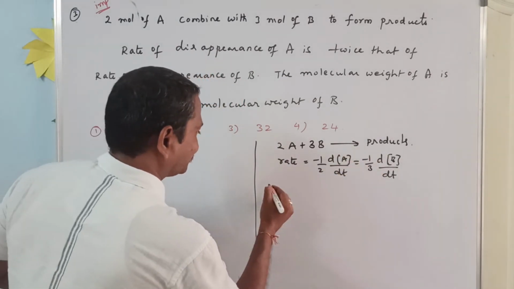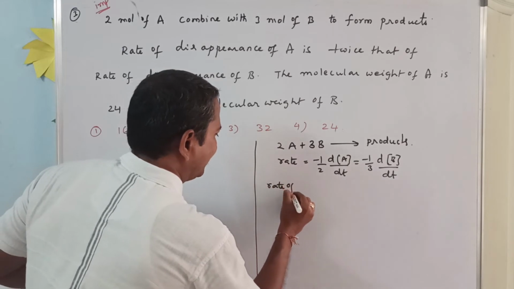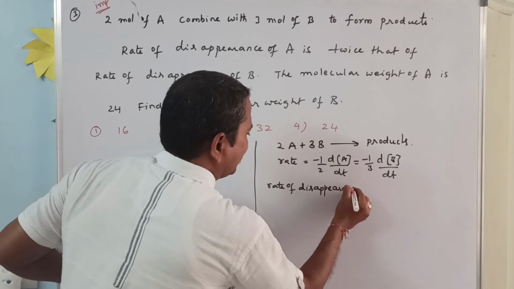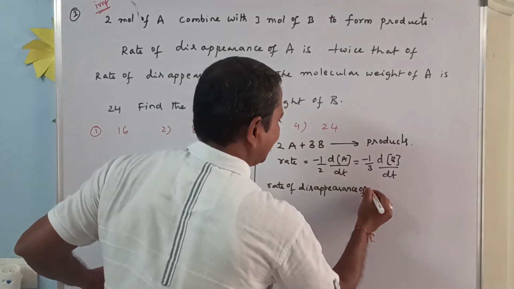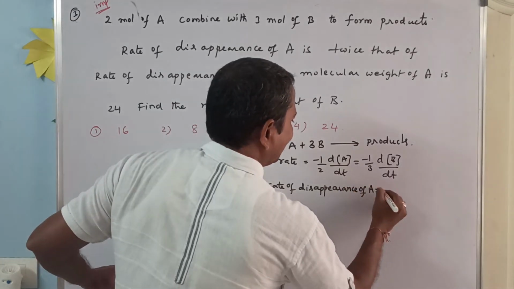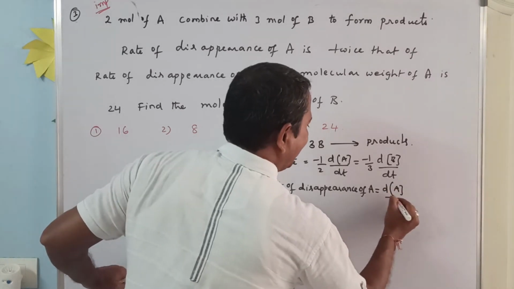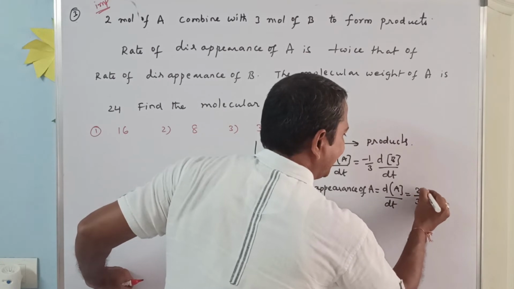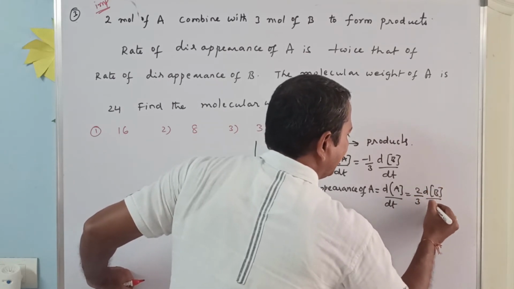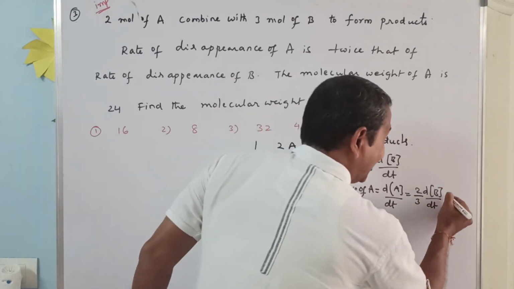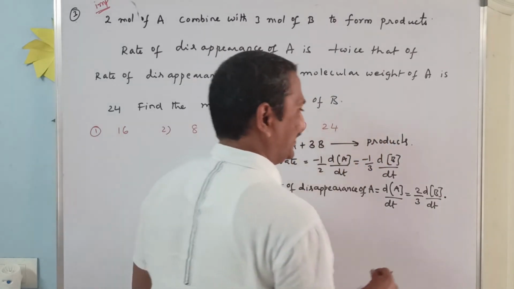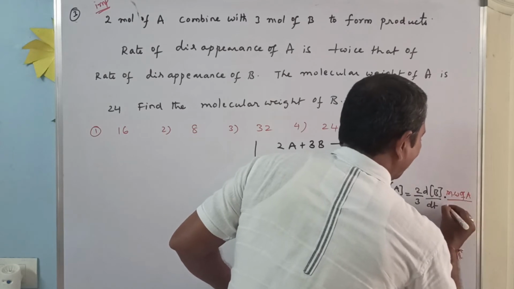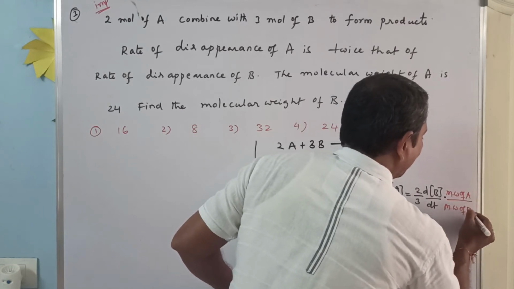See, rate of disappearance of A, that is d of A by dt, is equal to, we should change this 2 to this side, 2 by 3 d of B by dt, into, very important, molecular weight of A by molecular weight of B. Very important formula.